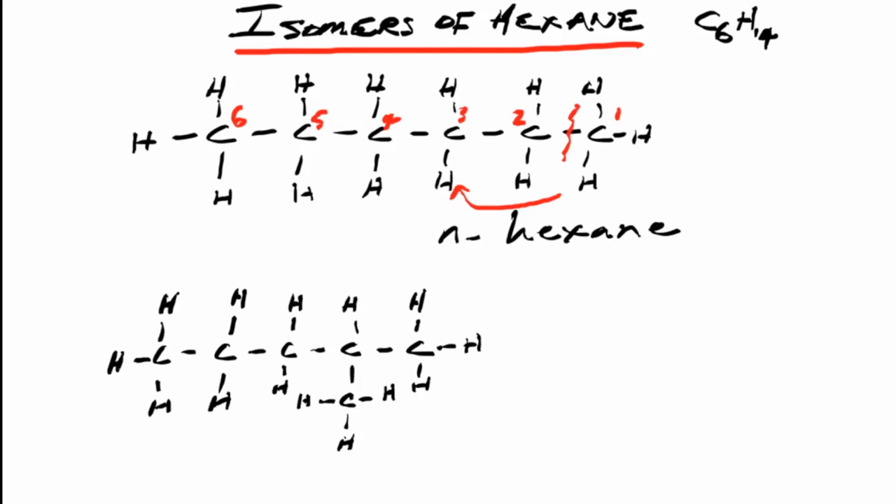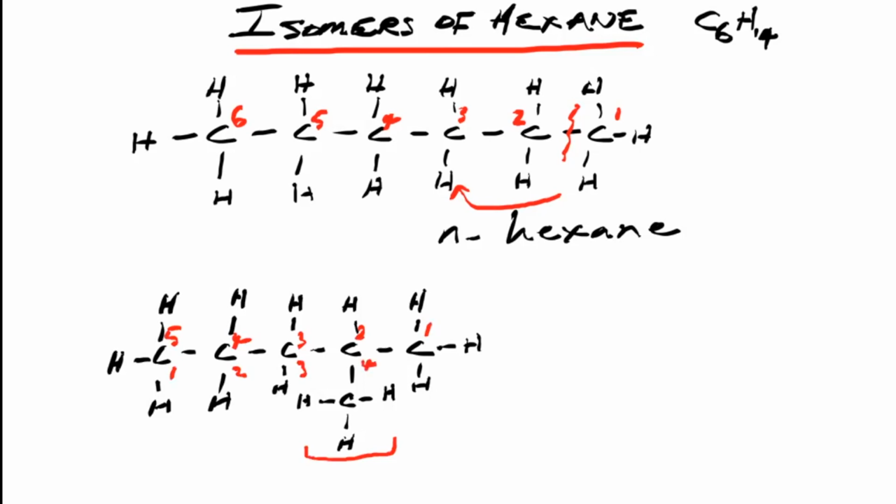So we would call this, again, let's number. We number so we get the lower number when a substituent or group is present. The group is CH3. So we number 1, 2, 3, 4, 5. If we number the other way around, the methyl group would get 4.